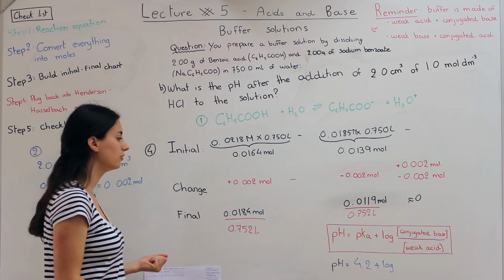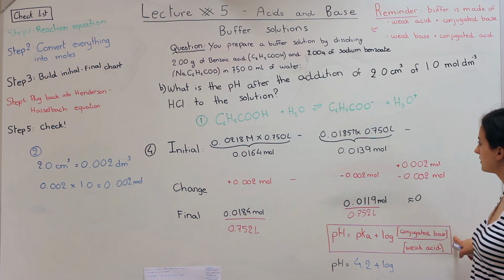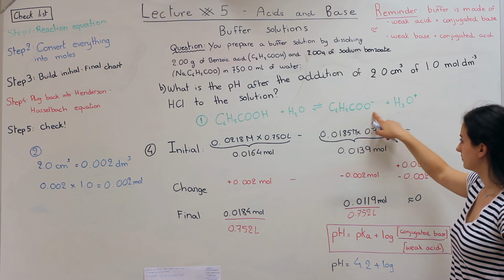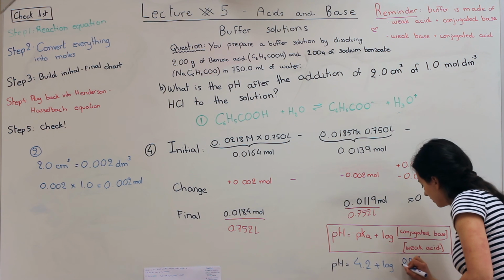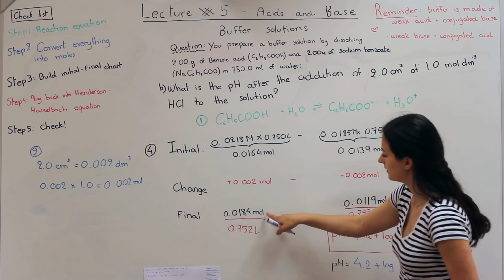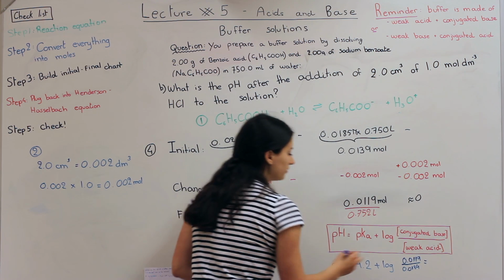So that's what I'm going to do because it's easier. So I'm going to put the conjugate base, which is C6H5COO minus, over the acid.